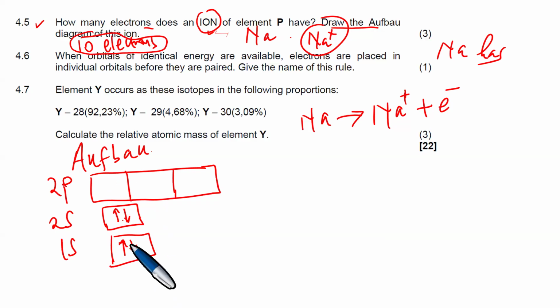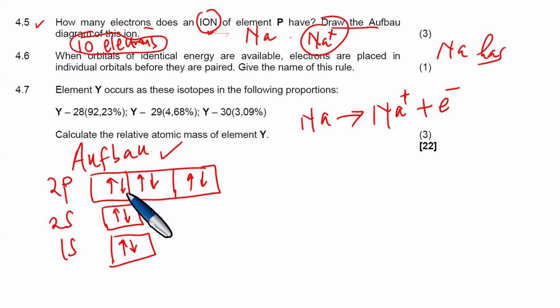So now we have 2, 4, and we're left with 6, because there must be 10 in total. So the 2p would therefore have 1, 1, 1 in each cell, and then pair up: 2, 4, 6, 8, 10. And this is called the Aufbau diagram.